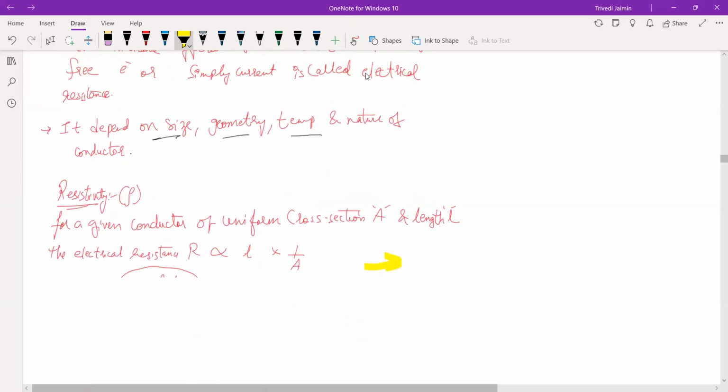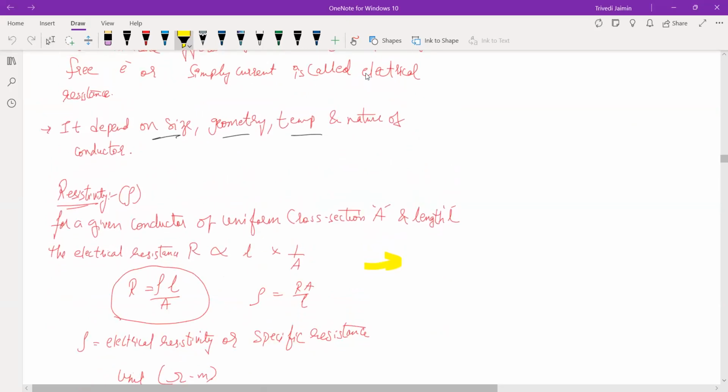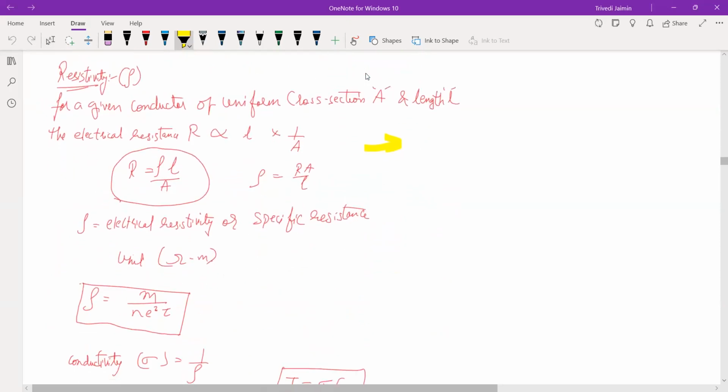But resistivity does not depend upon size or geometry; it depends upon temperature and nature, what type of material it is.